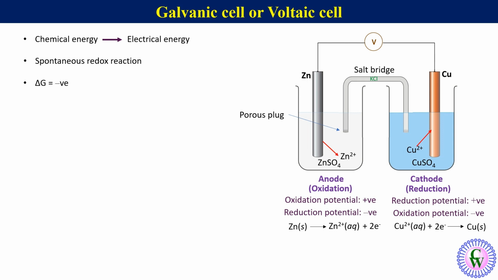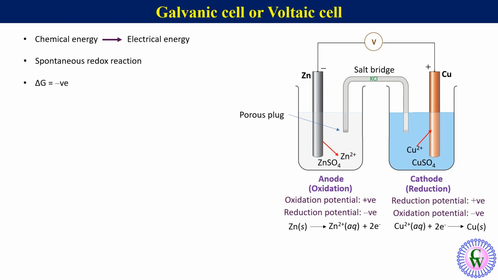Since there is release of electrons at anode and consumption of electrons at cathode, metal rod of anode will become negative while metal rod of cathode will become positive.